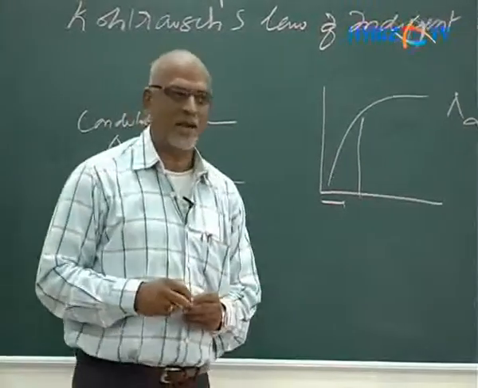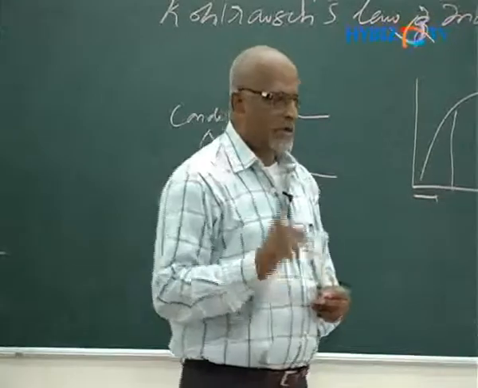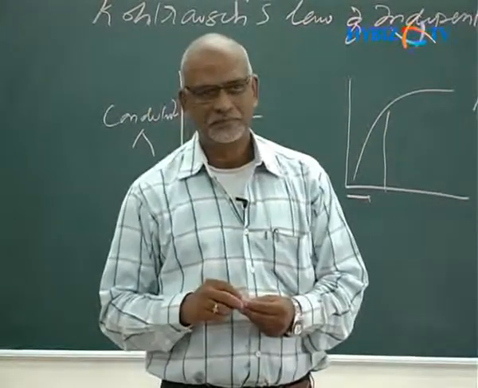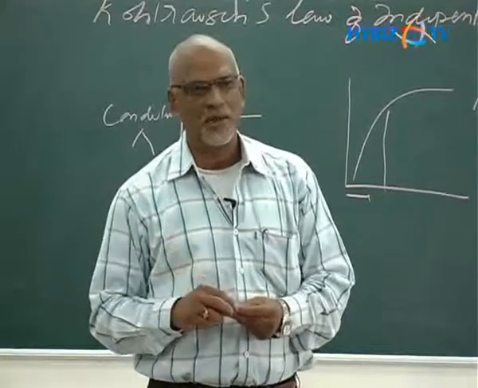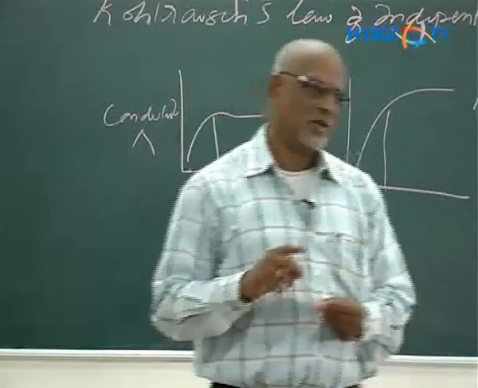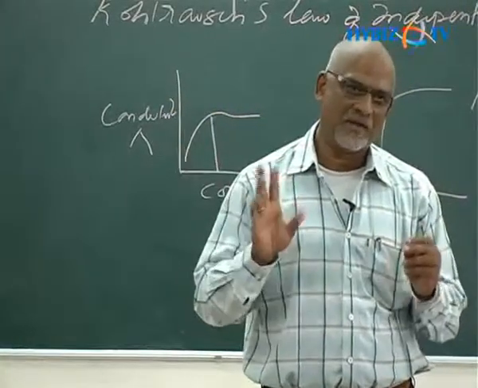Now how does it matter? See, in the case of sparingly soluble salts, what happens? A salt is completely soluble or a salt is sparingly soluble. When a salt is completely soluble, it dissociates completely and the ions are free.